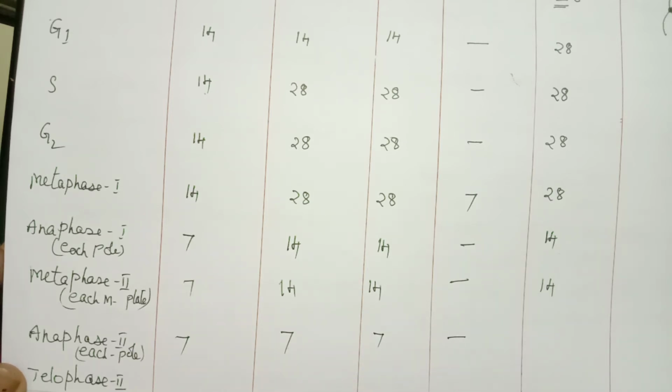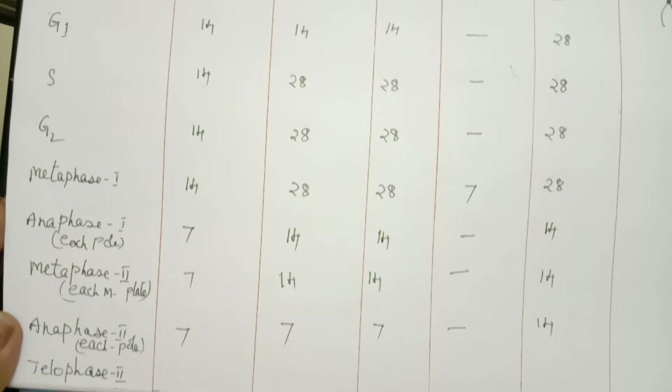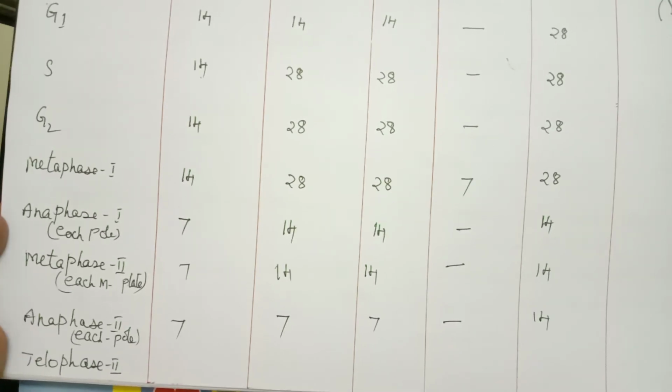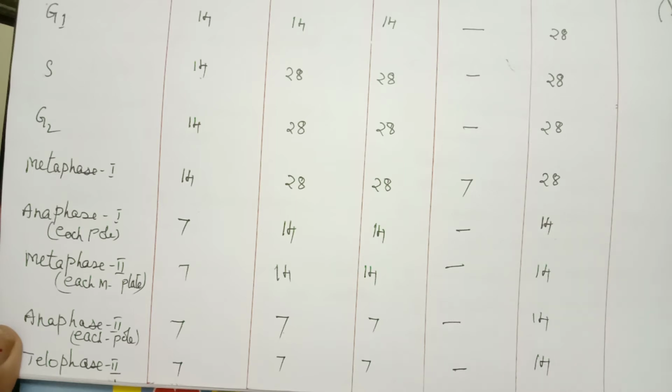No bivalents. Arms will be 14. Lastly, telophase 2 is almost the same as anaphase 2. Here also we consider each pole, so it will be the same: 7 chromosomes, 7 chromatids, 7 DNA molecules, no bivalents, and 14 arms.